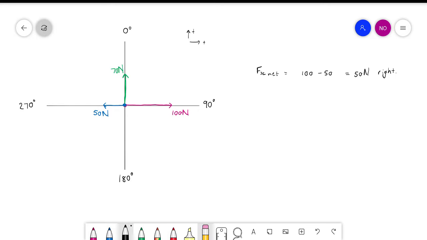Almal by my tot daar. Okay? On the y-axis, we only have that one. So the net force on the y-axis will be 70 Newton up. 70 Newton opwaarts. Okay.